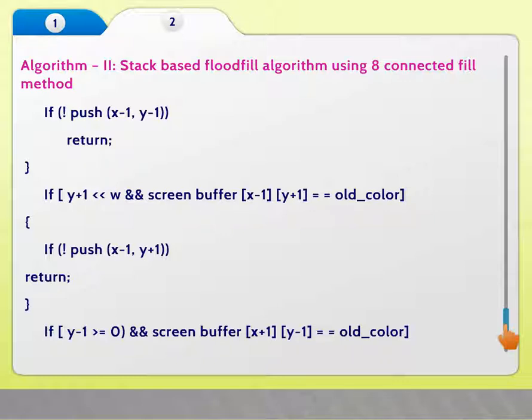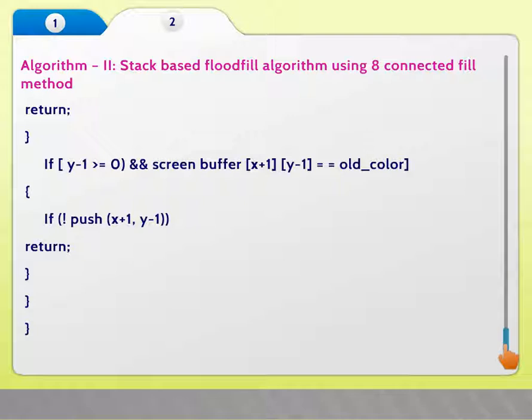If y+1 < w and screen_buffer[x-1, y+1] is equal to old_color, if not push(x-1, y+1), return. If y-1 >= 0 and screen_buffer[x+1, y-1] is equal to old_color, if not push(x+1, y-1), return.